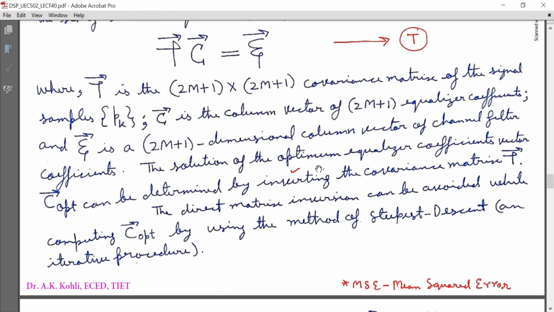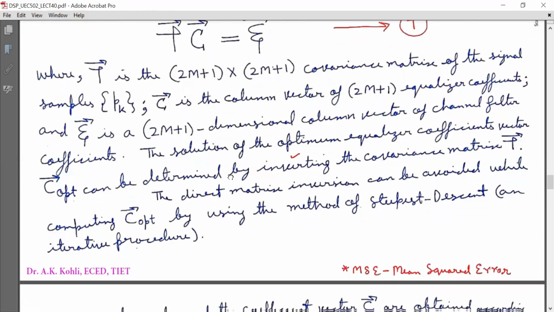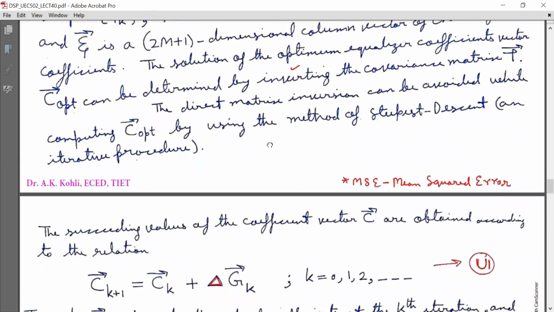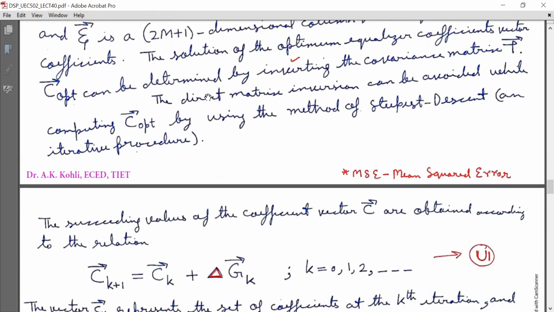The optimum equalizer coefficient vector C optimum can be determined by inverting the covariance matrix tau vector. This we have done in the previous lecture. The direct matrix inversion can be avoided while computing C vector optimum by using the method of steepest descent, an iterative procedure.